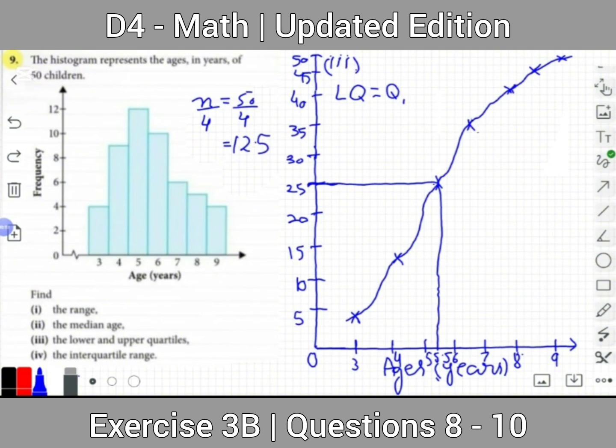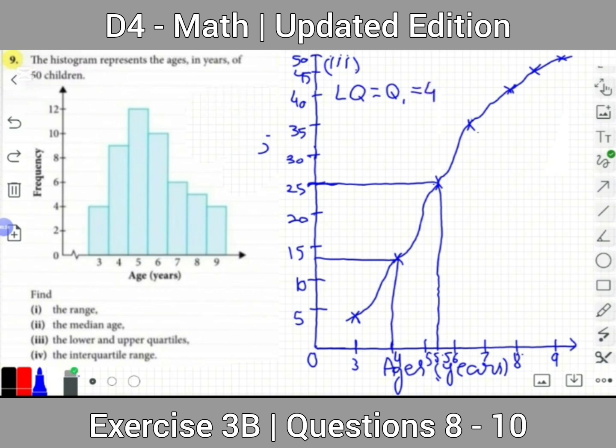From 13 we will draw a horizontal line until it touches the cumulative frequency curve, and from the point of intersection we will draw a vertical line until it touches the x-axis. So here we have the value 4. The estimated value of the lower quartile is equal to 4.